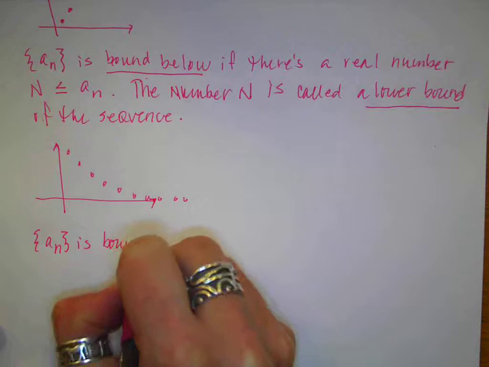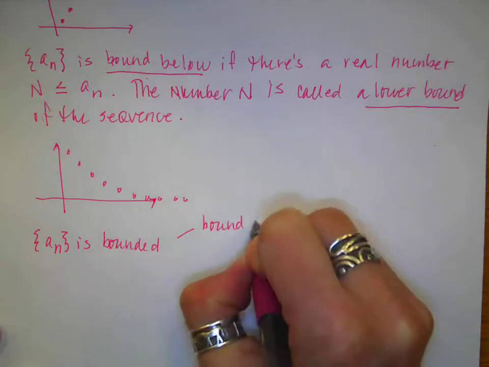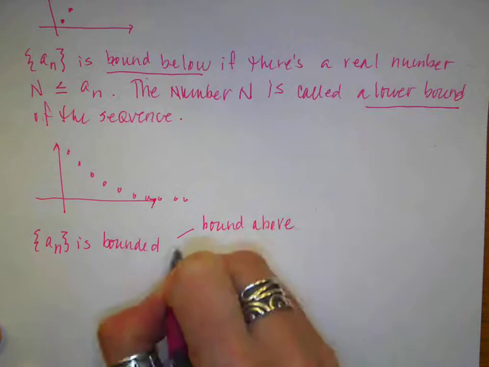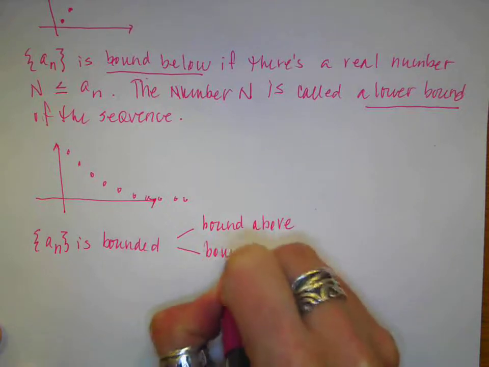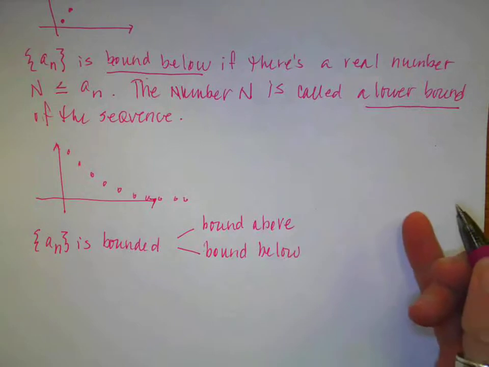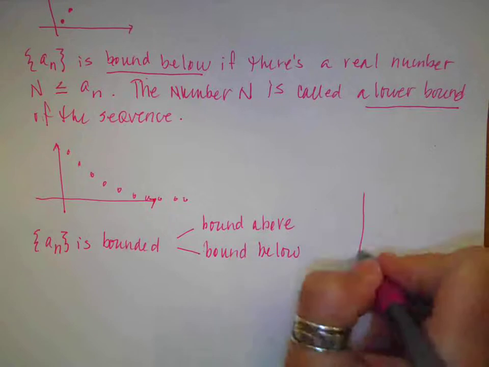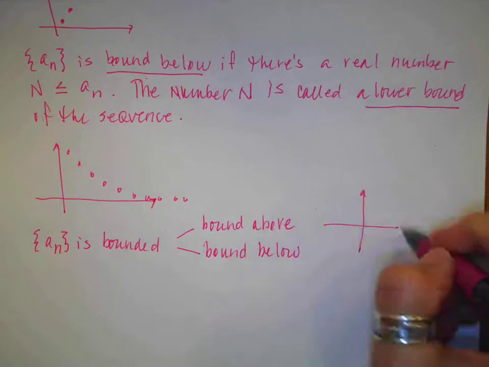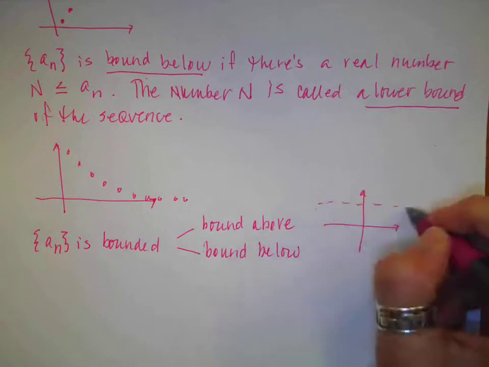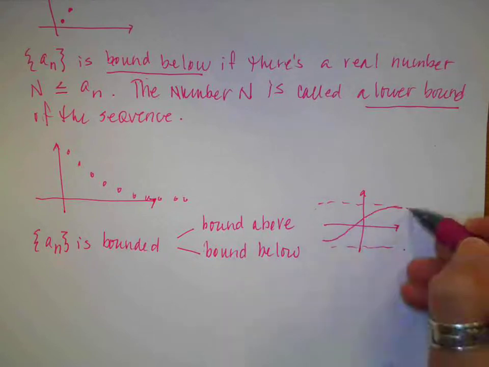And so if you see the expression a sub n is bounded, that means that it is bound above and it is bound below. Okay? And the example that happens to come to mind for me would be that of a logistic function, and I know we're going to have other examples, but that's just what popped into my head.